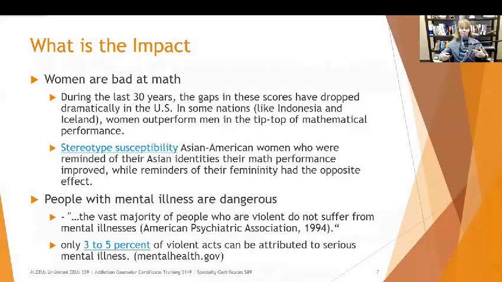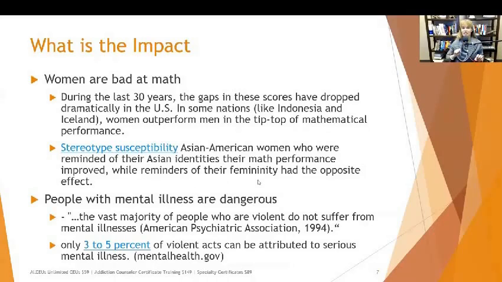Piggybacking on that, there was an article in one of the professional journals on stereotype susceptibility, and it pointed out that Asian American women who were reminded of their Asian identities had improved math performance, but when they were reminded of their femininity, had decreased math performance.